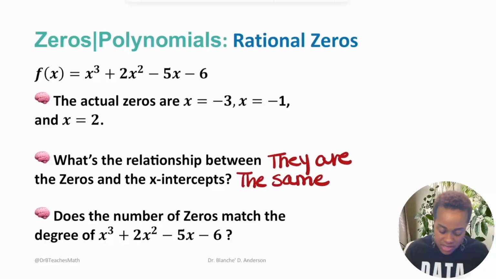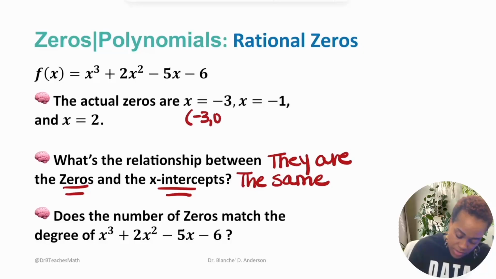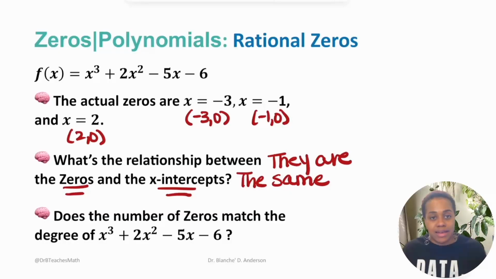So they are the same. The zeros and the x-intercepts are the same. You just write them differently. So up here, we wrote the zeros as x equals. But if you were to write them as x-intercepts, this would be (-3, 0). This would be (-1, 0). And this would be (2, 0). Okay, they are all x-intercepts.